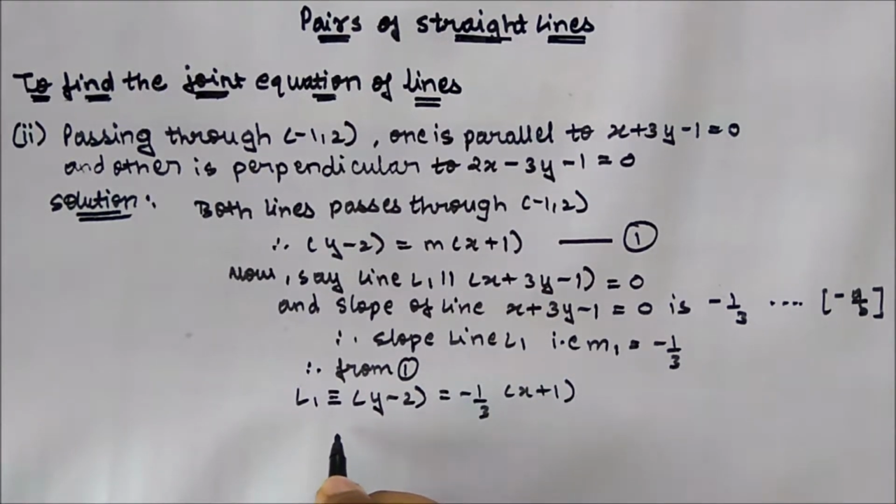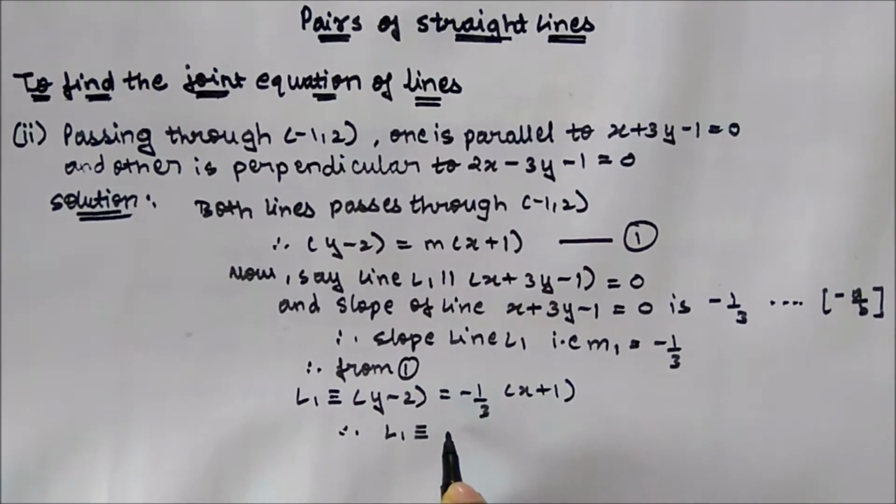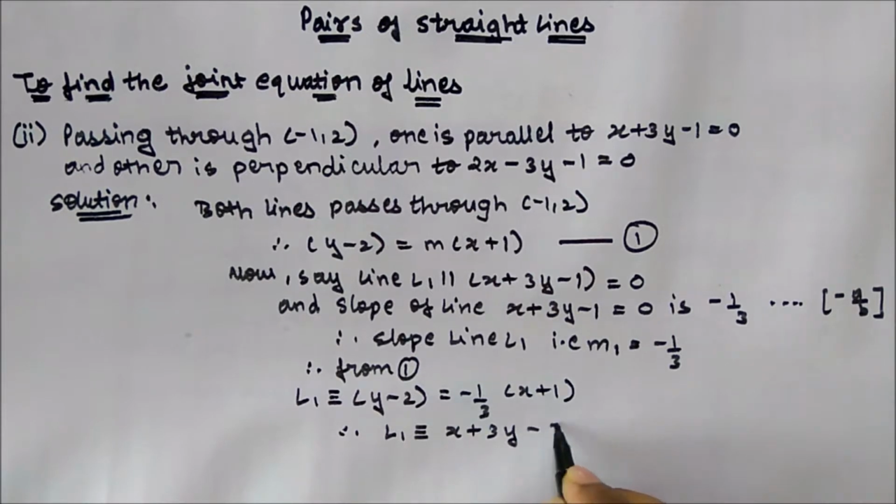Therefore, on solving this, we get L1 as x plus 3y minus 5 equal to 0.